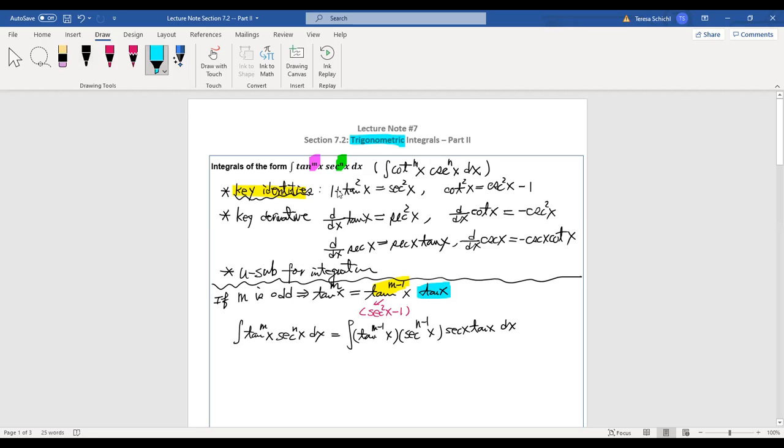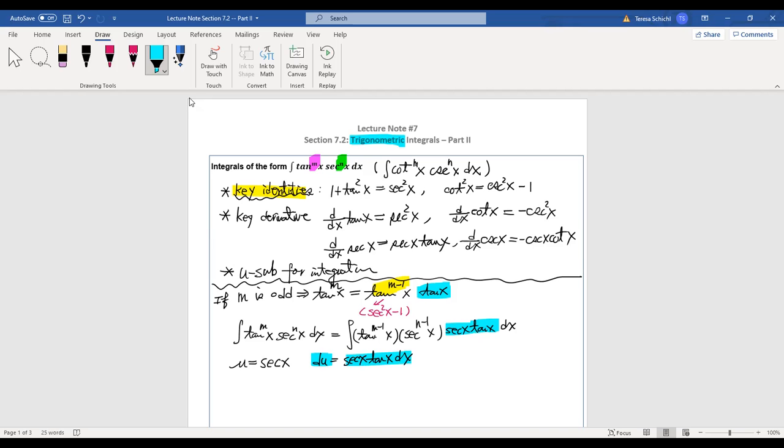So you take one secant out here, and now you can do a u-sub. What will u be? u will be secant x. Why? Because then du will be secant x tangent x dx. That is why, and then you can do the u-sub to solve it.